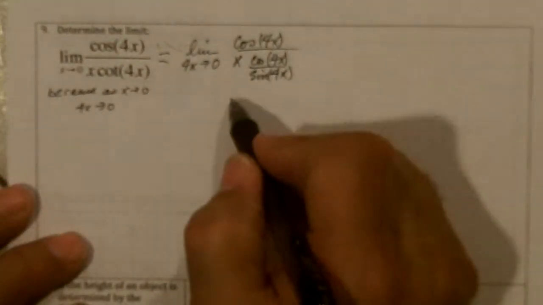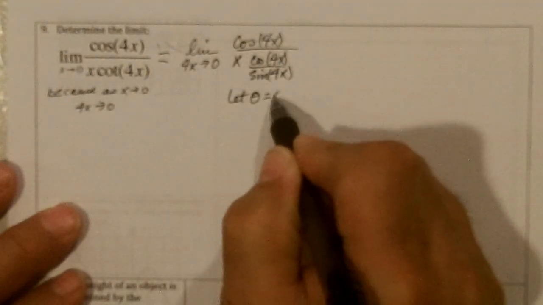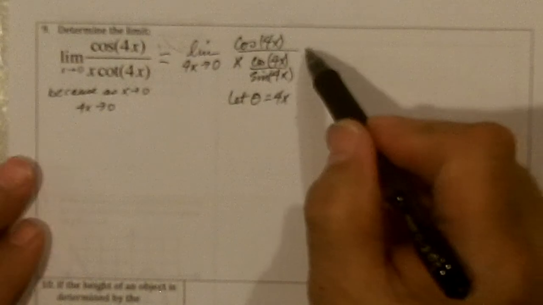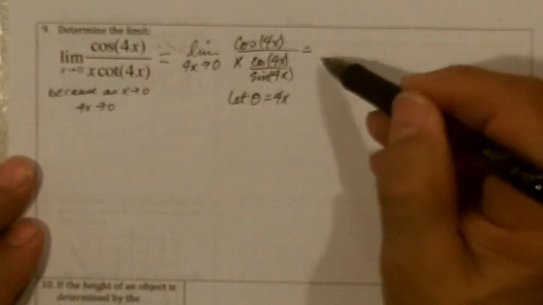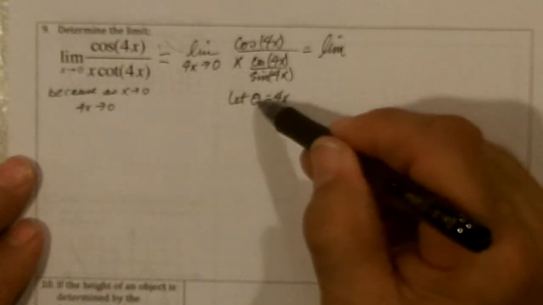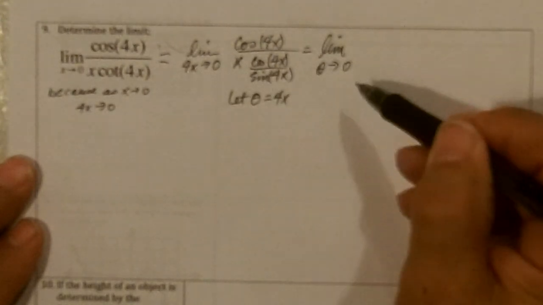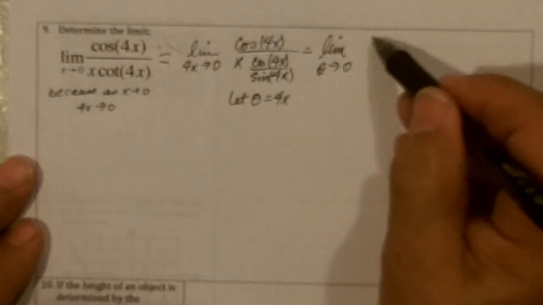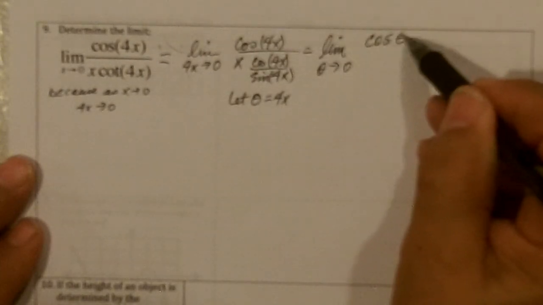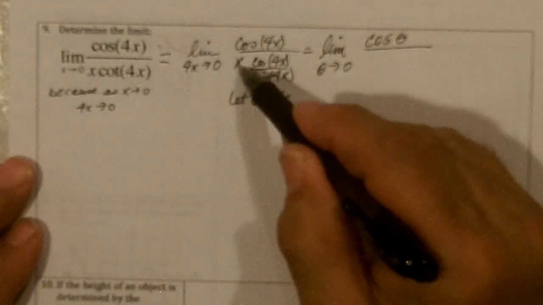And now we can make a substitution. Let theta be 4x, and this becomes the limit. We're going to do a couple things here. So as theta approaches 0 of cosine theta over x.